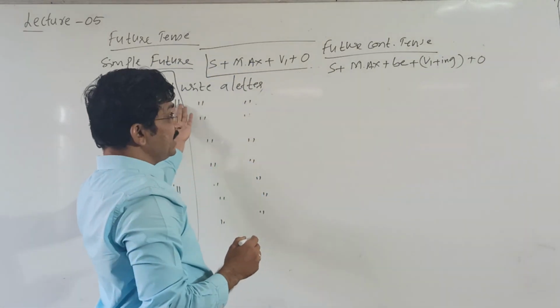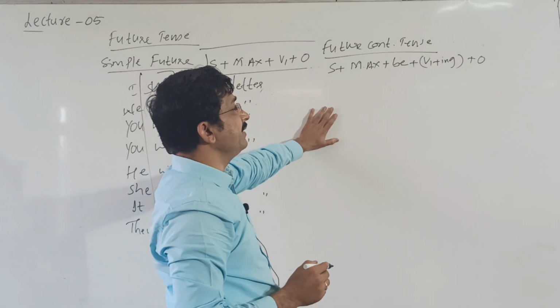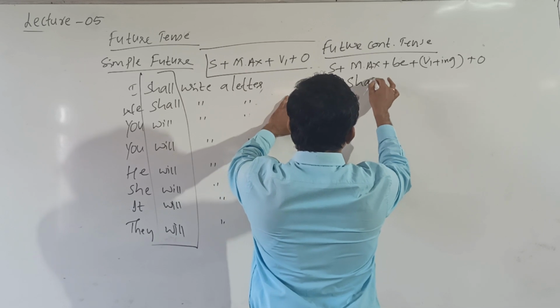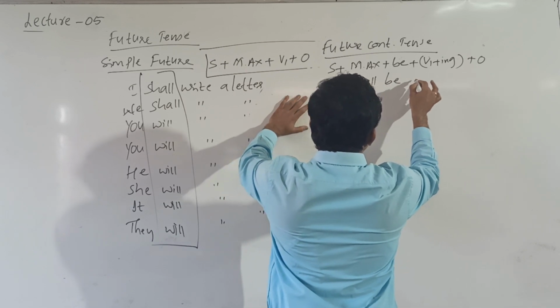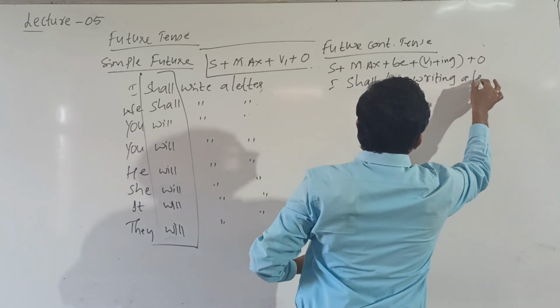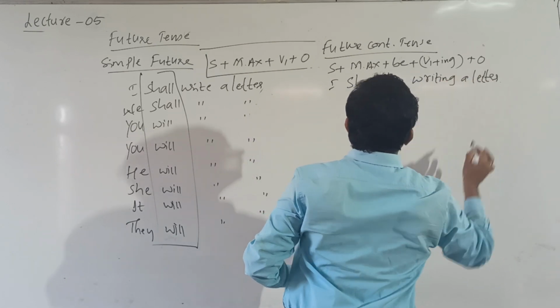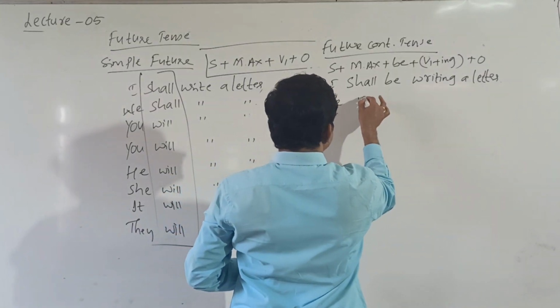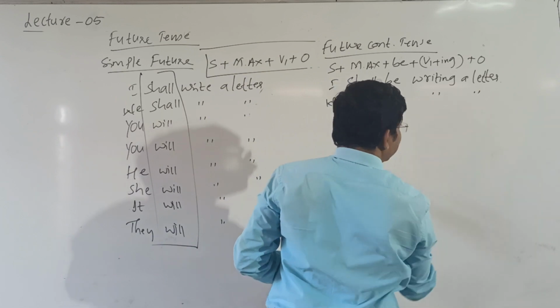Change the same sentence into continuous tense. I, subject, modal auxiliary shall be writing a letter. I shall be writing a letter. Then we shall be writing a letter.